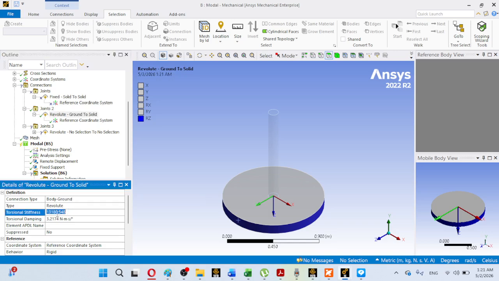Actually here you can observe the actual value, because the system rounds it off when we finish it. So here this is showing you the actual value 13180.548. So this is the value for the torsion stiffness in Newton meter per degrees.